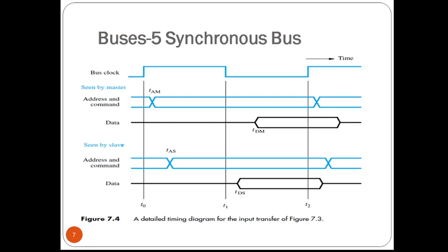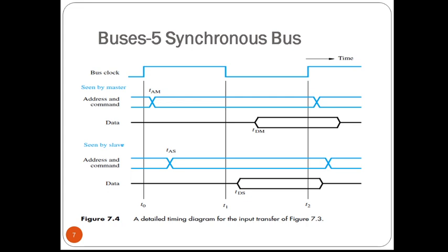Then the slave decodes the address at time T1 and sends the requested data. Here again the data signals do not appear on the bus until TDS. Here also there is a delay. They travel toward the master and arrive at TDM.